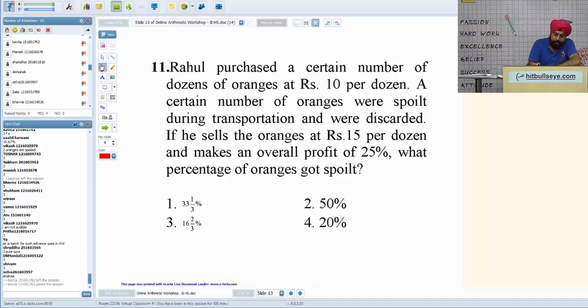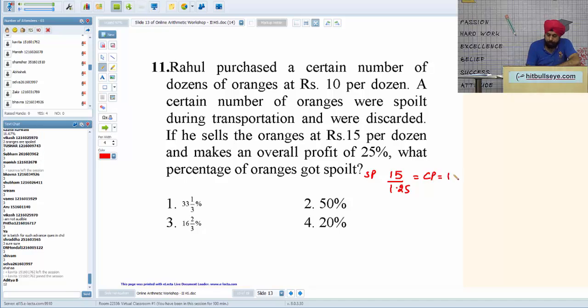Now, the apples which were good, they should be costing us how much? Mind it, we sold it for 15 rupees and there is a gain of 25%. That means the cost price of the apples which are perfect comes out to be 12 rupees.